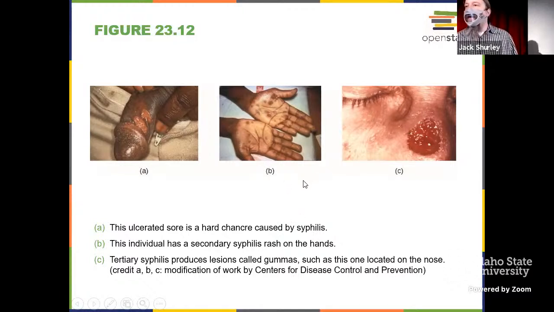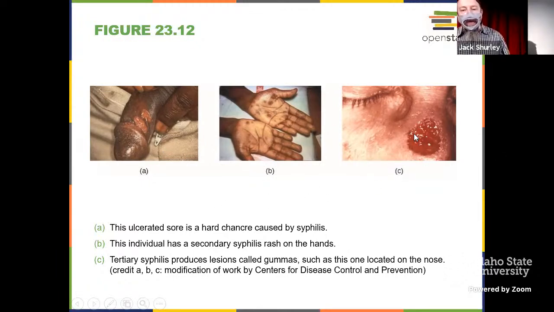After a considerable amount of time, you can see tertiary syphilis potentially resulting, right? And maybe no recognition of any lesions at this point, primary or secondary, all right?